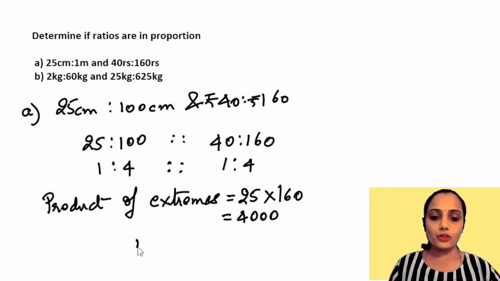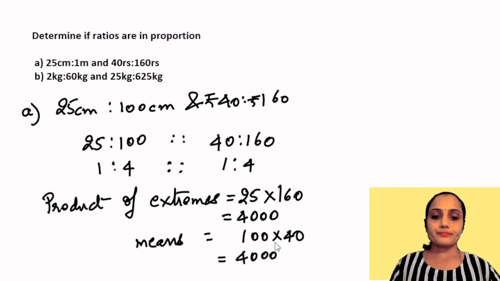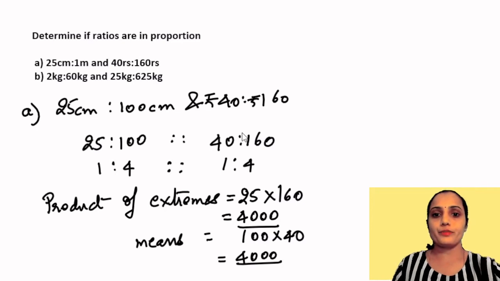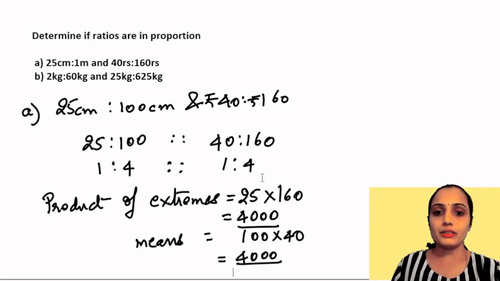Same thing, product of means, we can write it as 100 into 40. Again, this gives us 4000. So hence we can say that since the product of extremes is equal to the product of means, these two ratios are in proportion. Now let's see the second example.